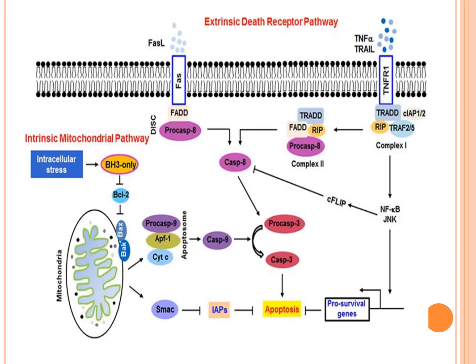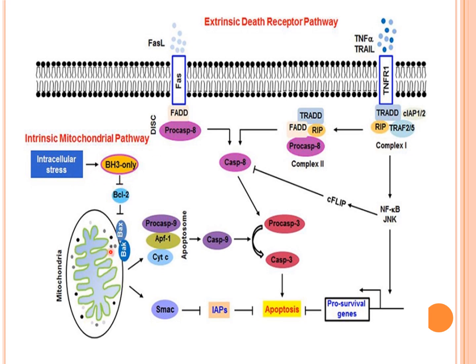So this is again one more picture for the extrinsic death receptor pathway. You can see the FAS receptor, FASL is the ligand, and the TNF receptor, and these are the ligands, and FADD activating procaspase 8, and here also 8, and this TRADD will lead to this pathway activating caspases 8 and 9. Okay, and this is the intrinsic pathway where intracellular stress is seen.